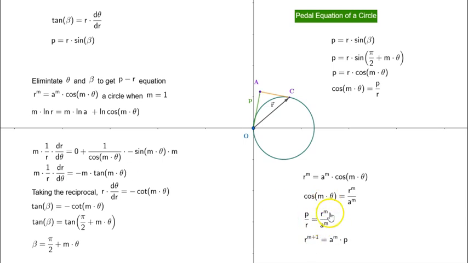Means if we take r to this side, it becomes r to the power of m times r, which is r to the power of m plus 1 is equal to a to the power of m, the other side, times p. So this is the pedal equation of the curve defined by r to the power of m equal to a to the power of m times cos m theta.